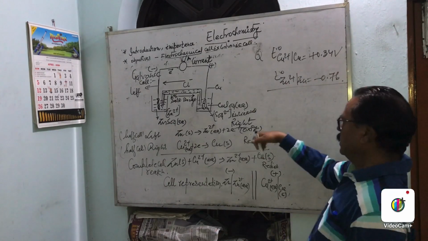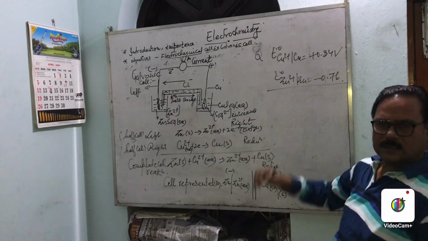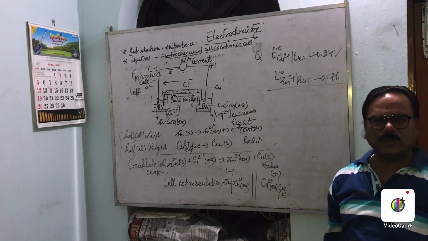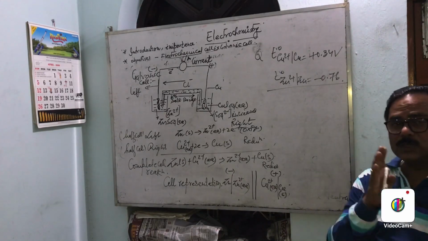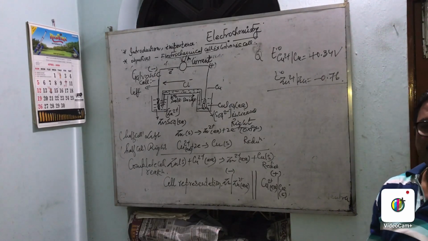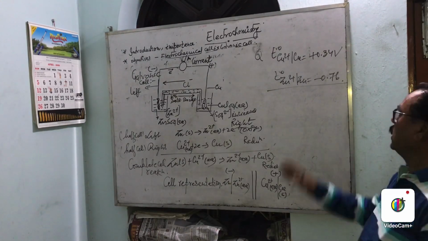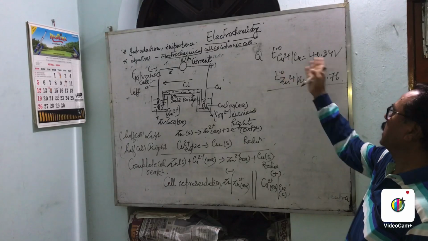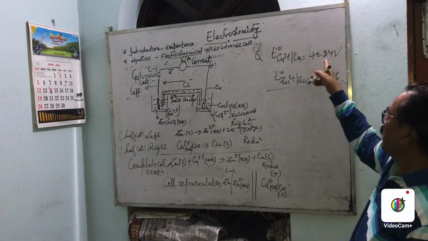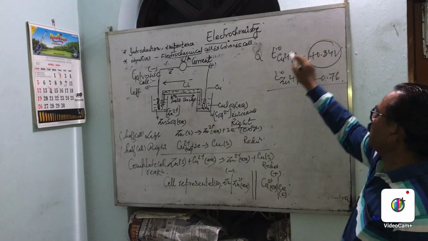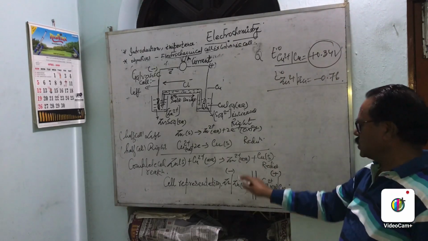There is a theory behind that. The metal which has a negative reduction potential value has more tendency to lose electrons and get oxidized, and the metal which has a higher reduction potential value has more tendency to take up electrons and get reduced.